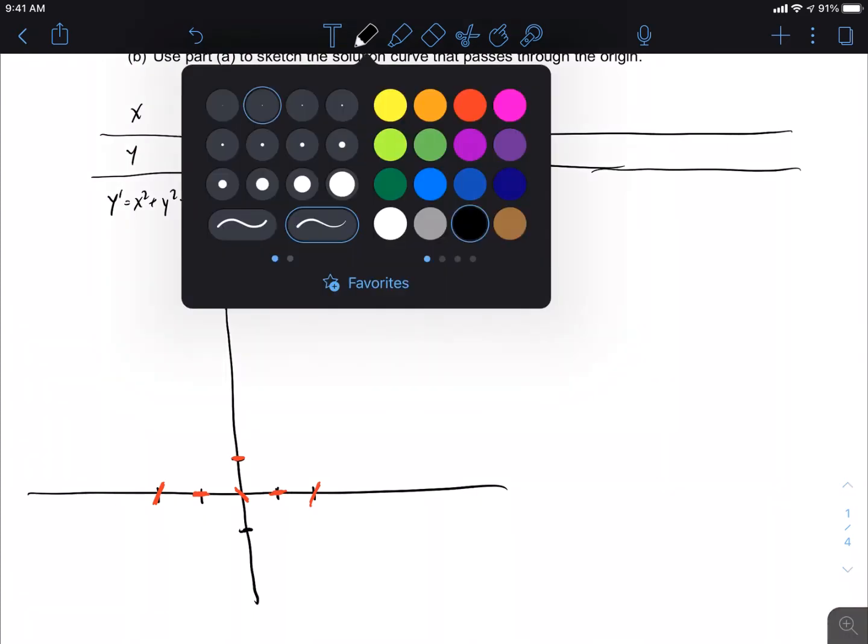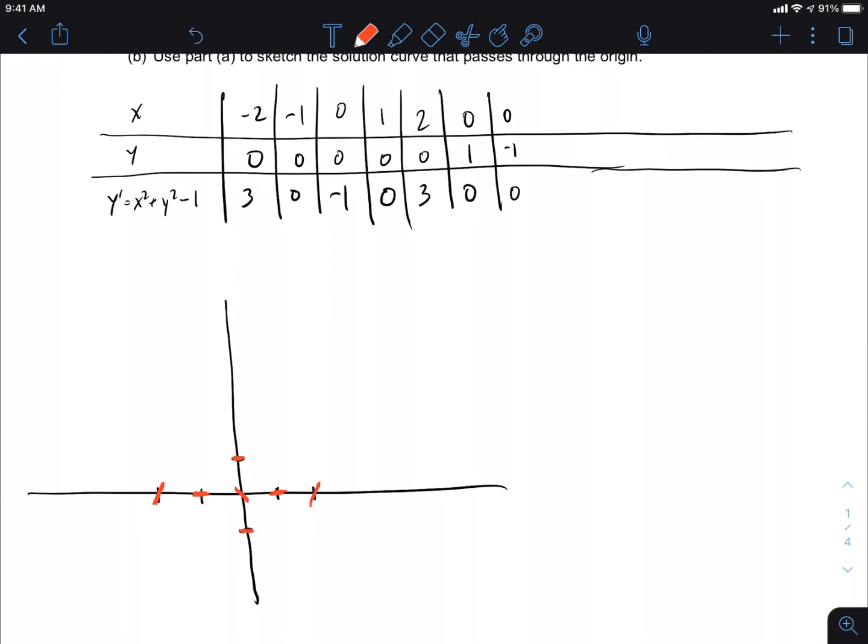Isn't that also 0? That's correct. All right. Cool. What about 1, 1? Do you see all I'm doing is picking random points to see if I can see a pattern of what's going on?